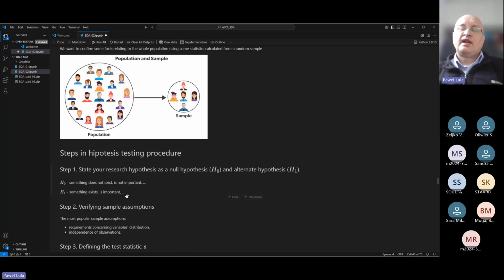For example, I'm going to say about average income of people in a given country, and I should formulate this hypothesis. This zero hypothesis, that the average income is, for example, equal to zero, or that the average income is equal to 2,000.